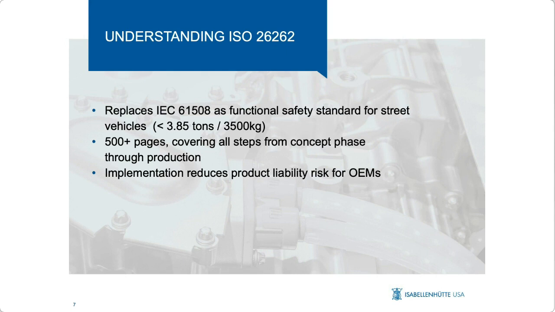The goal of this functional safety standard is to reduce product liability for OEMs. It is based on the principle of vehicle OEMs' road safety obligation. So in other words, it's supposed to help OEMs to produce safe vehicles for their customers.